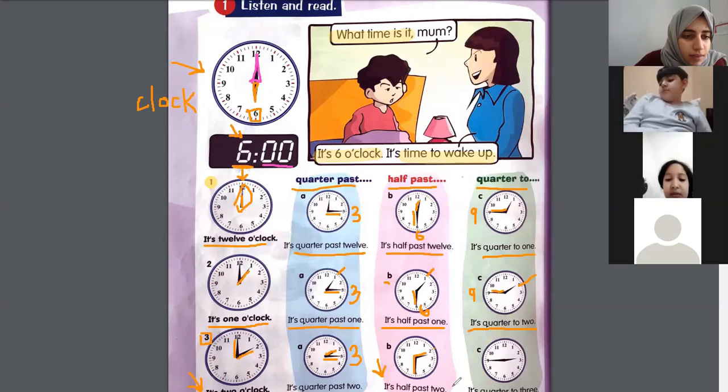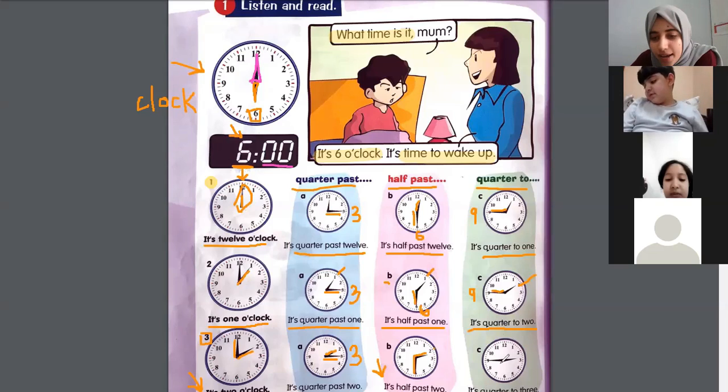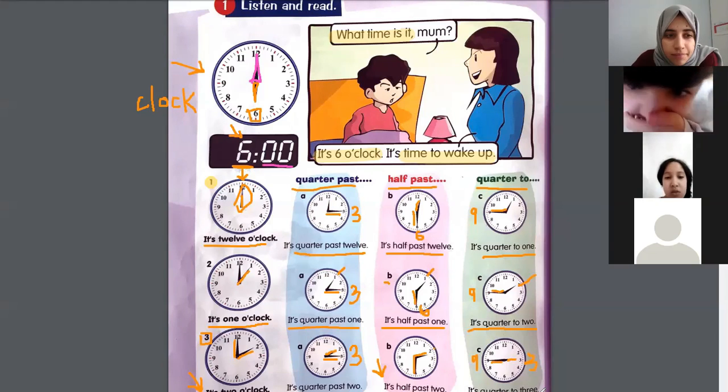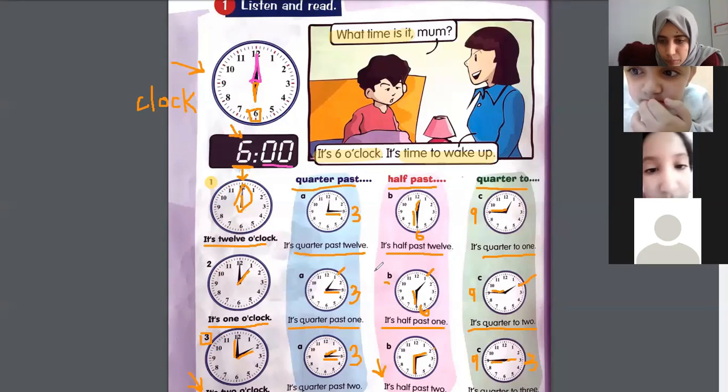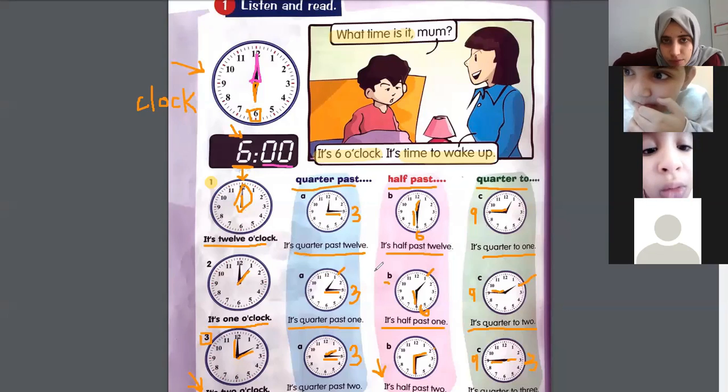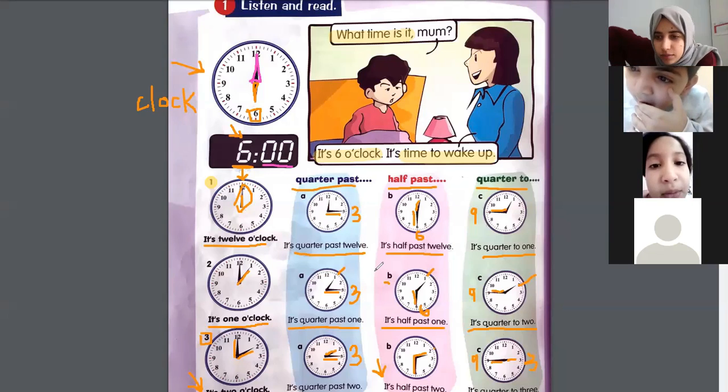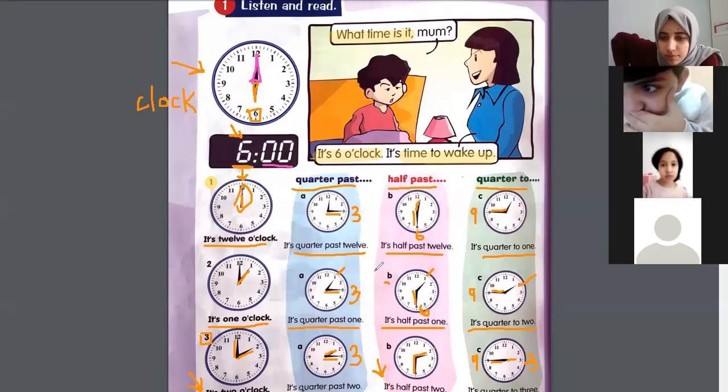Hawra, read the last one, please. Notice here that the long hand is next to 9 and the short hand is very close to 3, but it's still before 3. Yaman, please read it. It's quarter to 3.